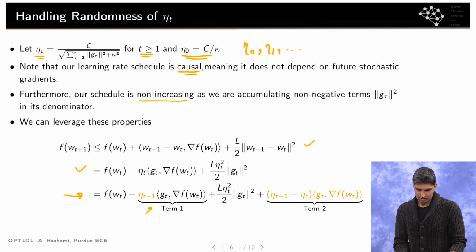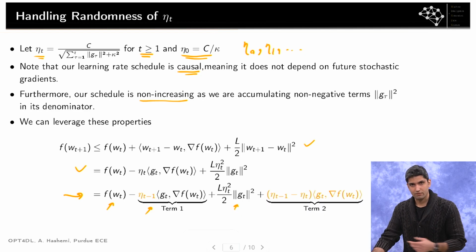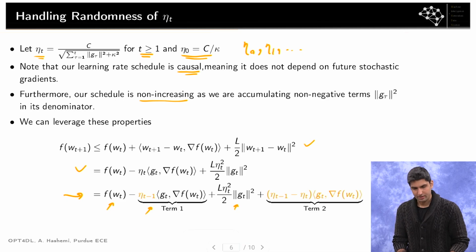Here now I have the function value at time t, and this term that hopefully I know how to control using the properties of my stochastic first-order oracle. The handling of this term is roughly the same as before, slightly different, but with roughly similar ideas. But let's talk about these two terms, term 1 and term 2.